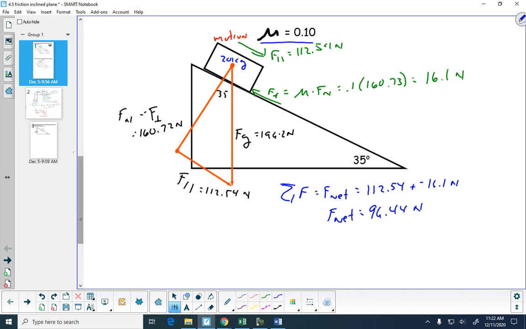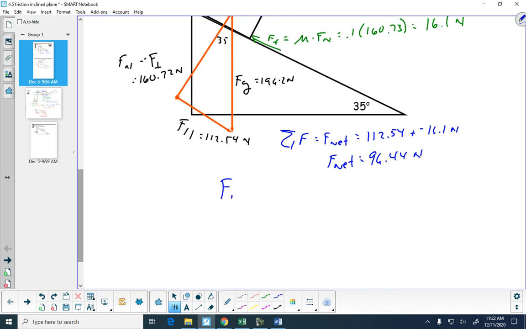So once we find that, we can now find our force net is equal to mass times acceleration, which we have 20 kilograms times our acceleration. We can divide that by 20.